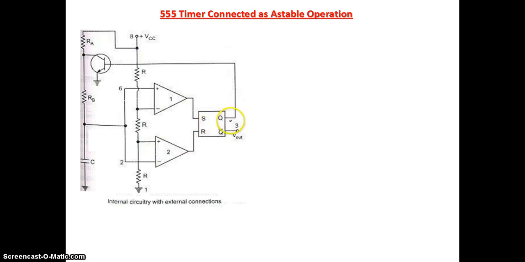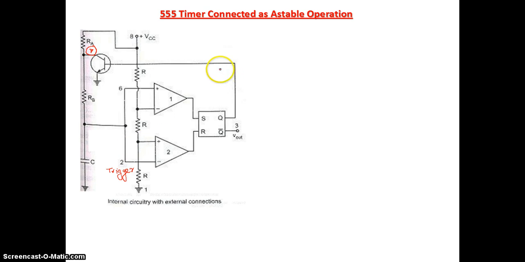Q is the internal output, and for the Astable multivibrator you take the output at pin number 3 from the complement of Q, that is Q bar. Now this is the NPN transistor we are connecting, and its pin will be the discharge pin, pin number 7. Pin number 8 is VCC, pin number 6 is the threshold, pin number 2 will be the trigger.